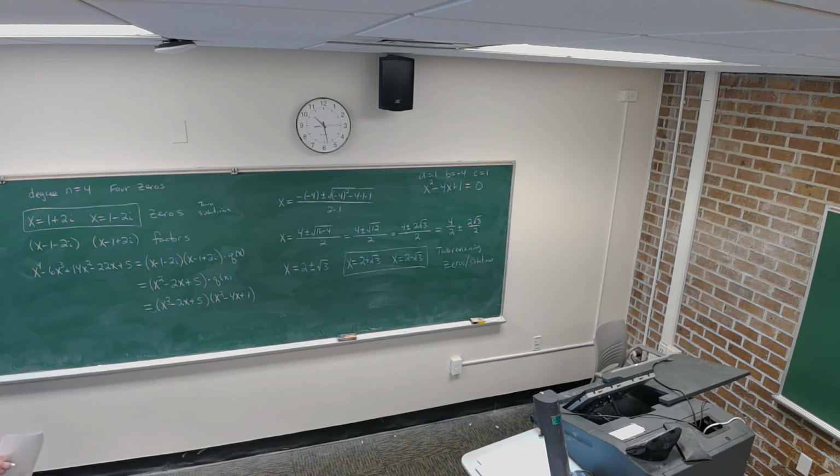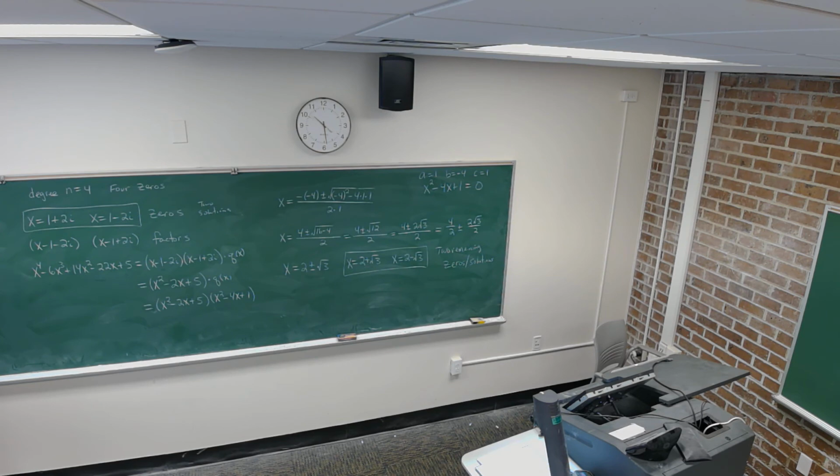And so the complete factorization of our 4th degree polynomial, x to the 4th minus 6x cubed plus 14x squared minus 22x plus 5. The complete factorization, the first two factors, right, have the complex numbers.